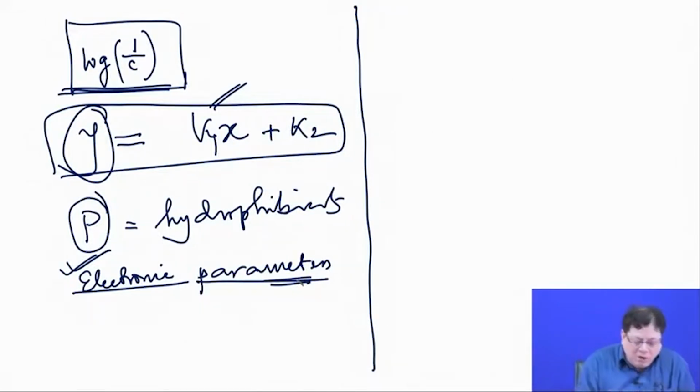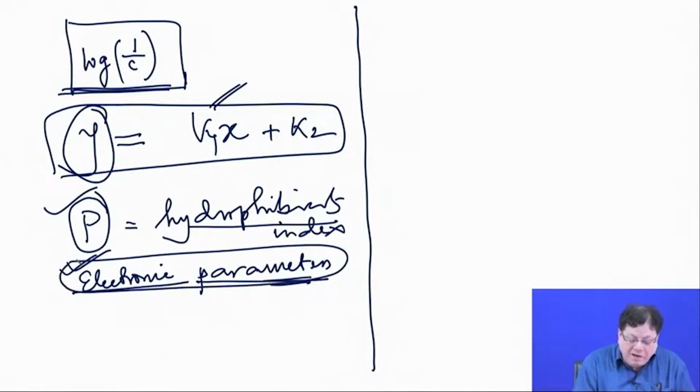Okay. So, now we have identified P as the hydrophobicity parameter. There is an electronic parameter, and there is a third one, called the steric parameter, because if the molecule is too large, then it will not reach the target.